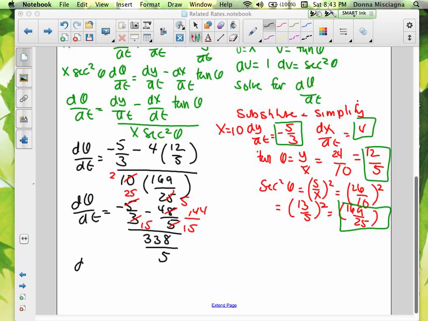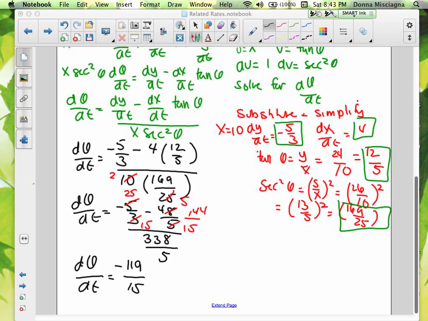Almost done. d theta dt is 25 minus 144, so that's negative 119 over 15.